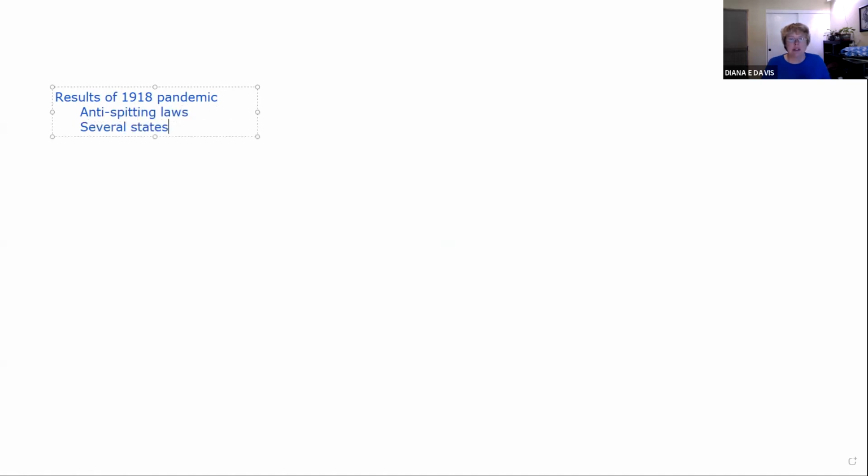Several states developed departments of health to try and come up with ideas on how to manage public health, to come up with regulations for public health. And the National Institutes of Health were formed, which is a nationwide organization that funds a lot of research into major health problems.